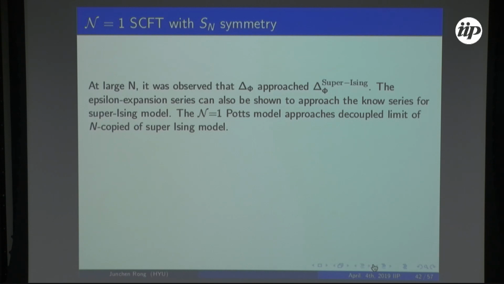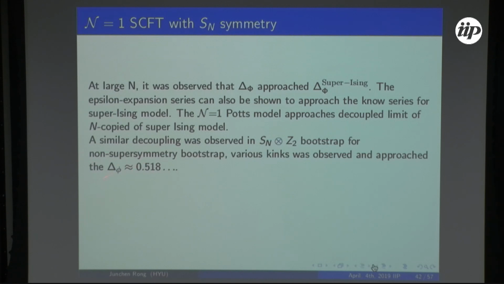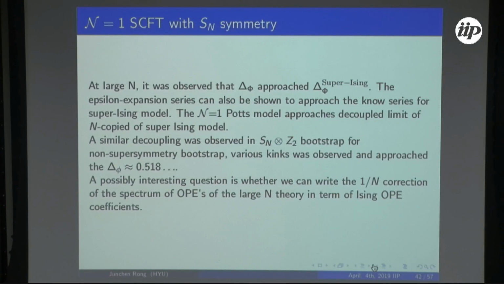But instead of decoupling into a free theory like a vector model, it decouples into an interacting theory. Each piece is some interacting theory. Similar things were observed in the non-supersymmetric bootstrap: you observe some kinks, and the kinks approach the Ising model value. I forgot to put citations there.